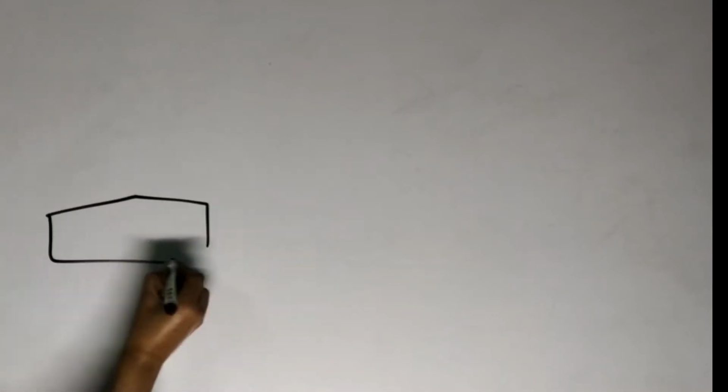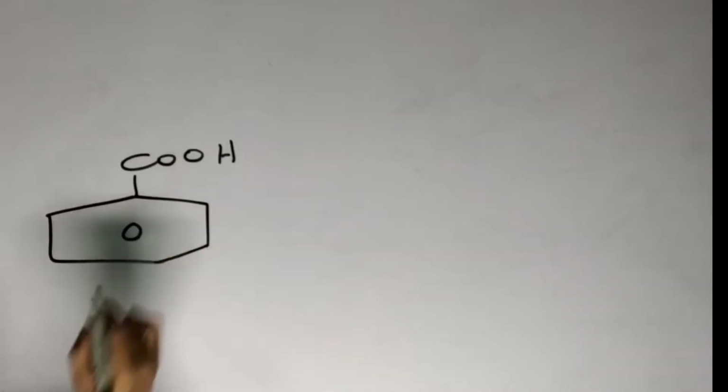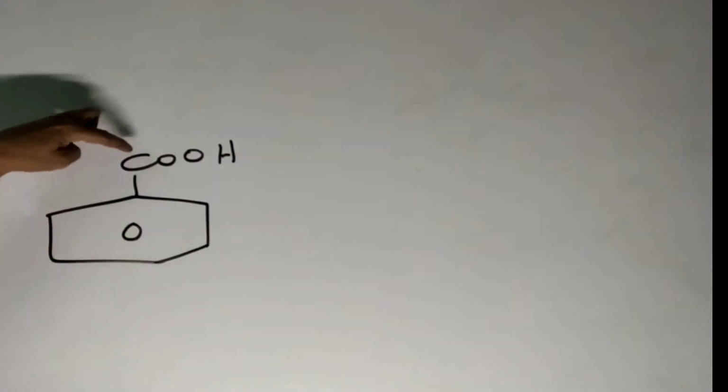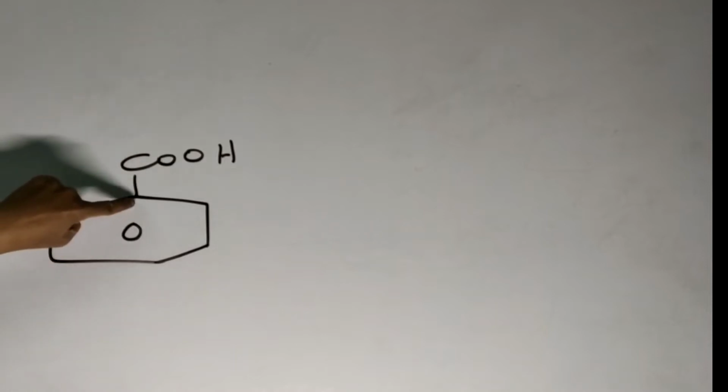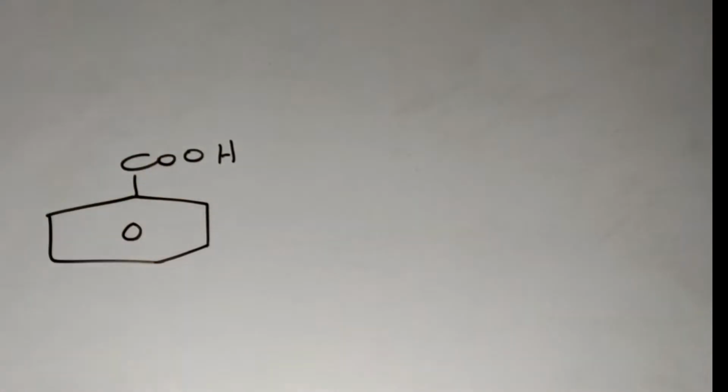Listen, this is a benzene ring. If the carbon of the carboxyl acid is directly attached to the carbon of benzene, then this is called an aromatic carboxylic acid.